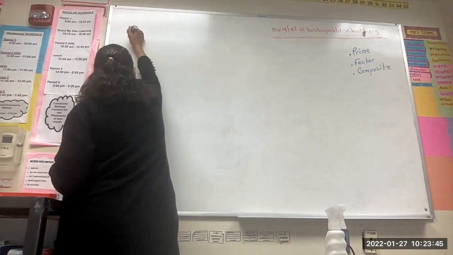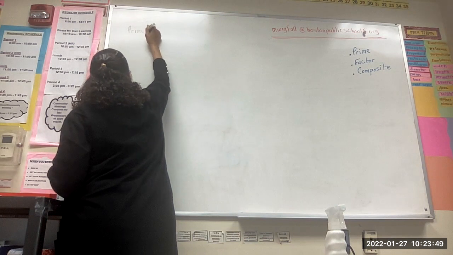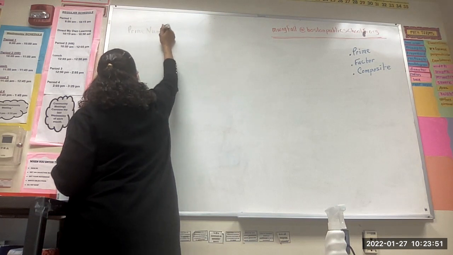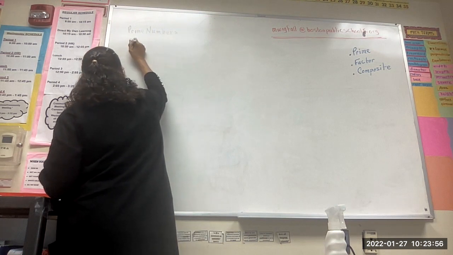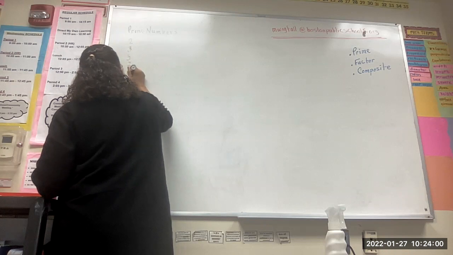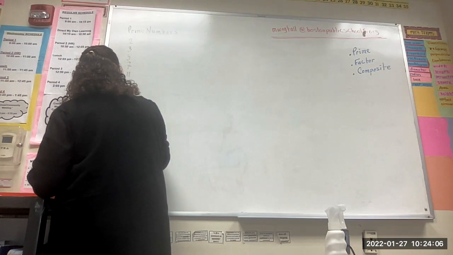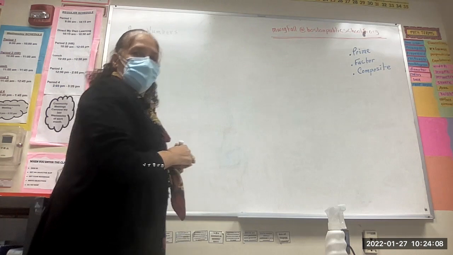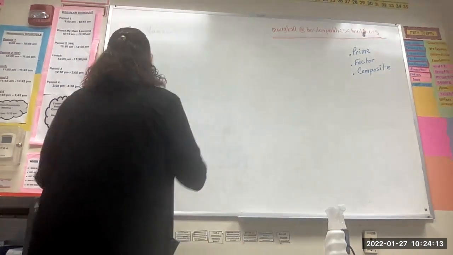Okay. A prime number is a number that is only divisible by one and itself. So these are prime numbers. Prime numbers are 2, 3, 5, 7, 11, 13, 17, 19, 23, and etc. And I can see that didn't come out dark, so I'll write over it.